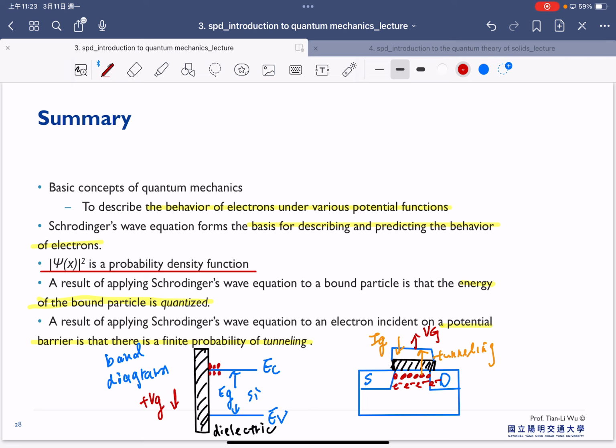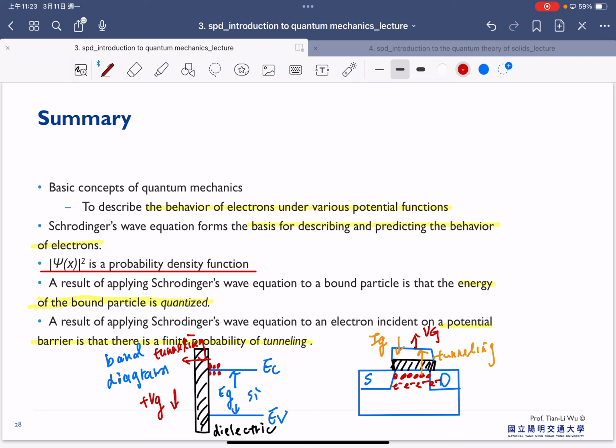And because you have tunneling here, the electron will be able to tunnel from the right to the left. That leads to the leakage current here.